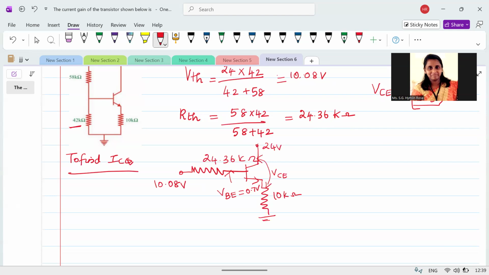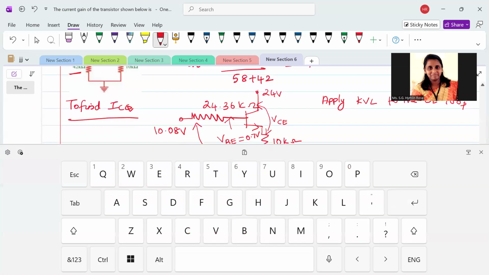First we apply KVL to the base emitter loop.